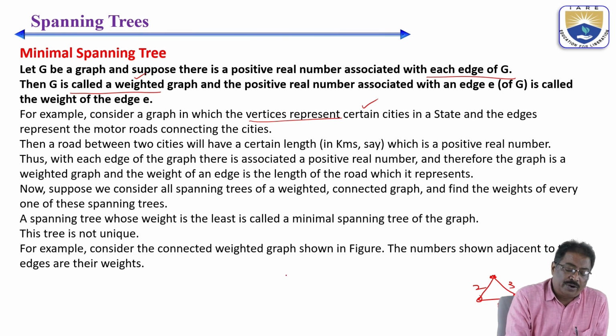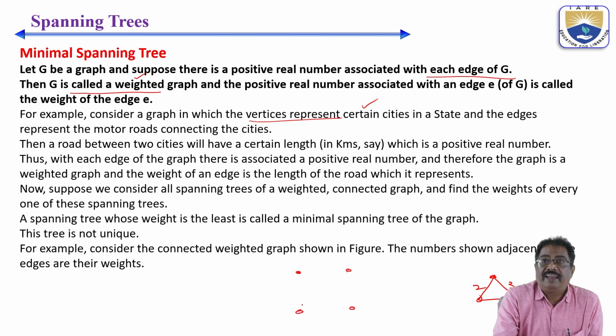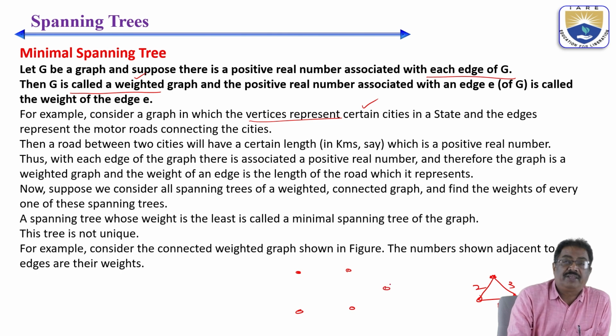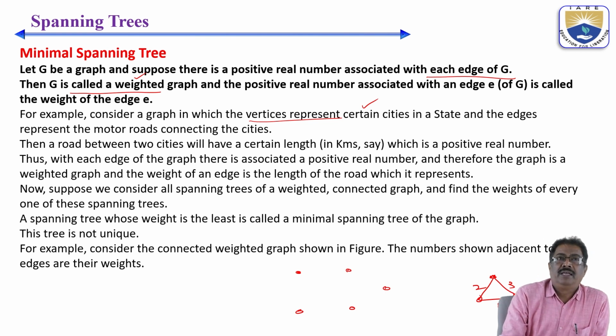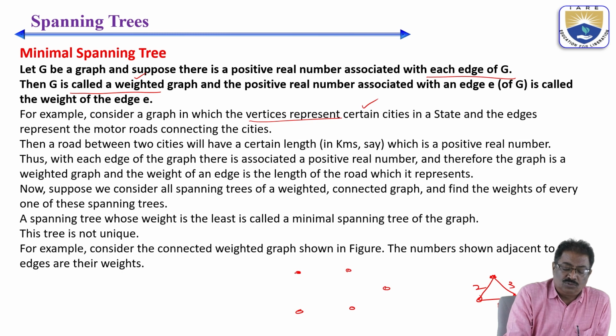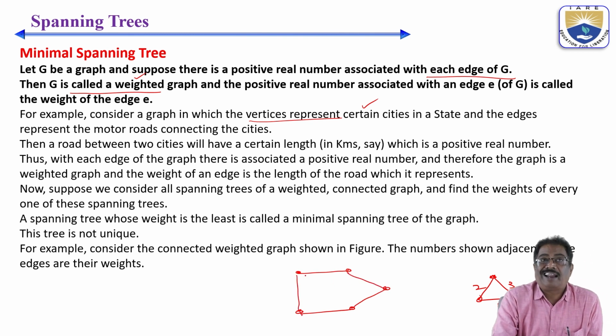Let us say it has 5 cities, represented by vertices, and if you construct a road connecting any two cities, an edge is going to be represented.